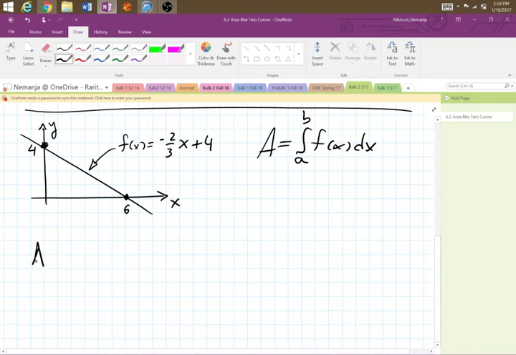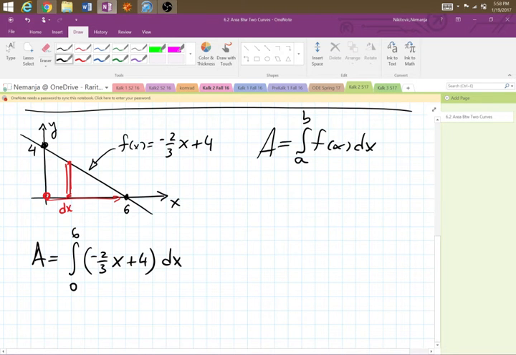Then he sets up the integral from 0 to 6, because my representative rectangle, dx, is going to start swiping at 0 and go all the way to 6. So limits are 0 to 6, and we are integrating negative 2/3 x plus 4 dx.